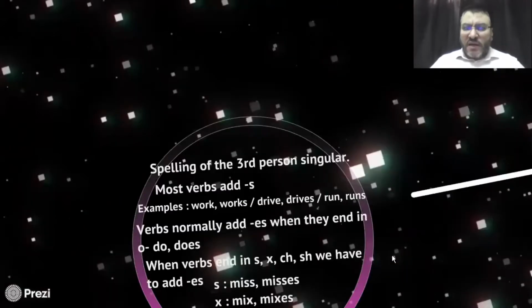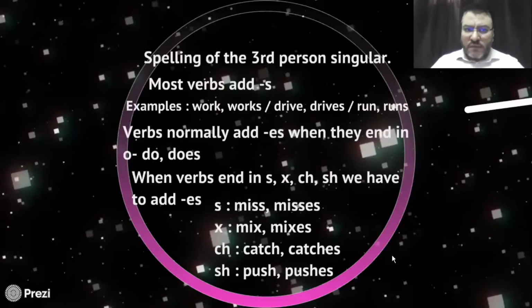So spelling of the third person singular, most verbs add s. كل أو معظم الأفعال مع الضمير الغائب اللي هو he or she or it بنضيف s. For example, work, works, drive, drives, run, runs. Okay, but we have to add es when the verbs end in o, just like do, does, you add es.